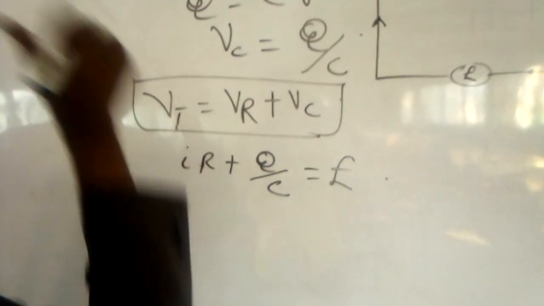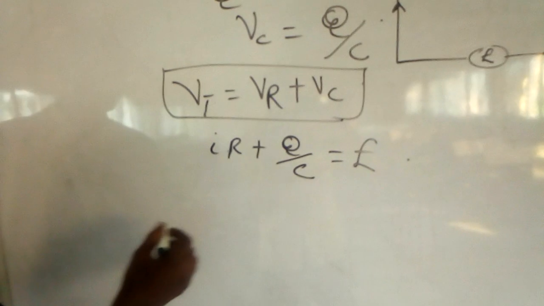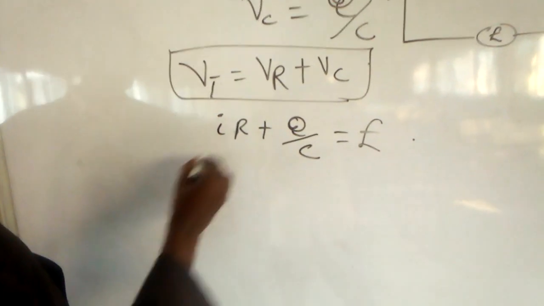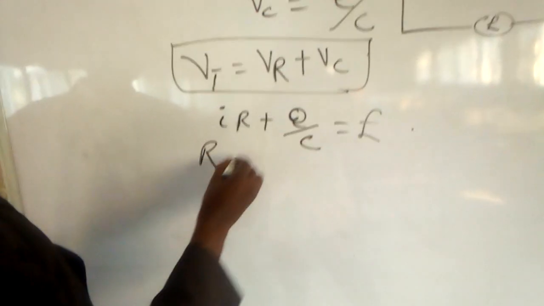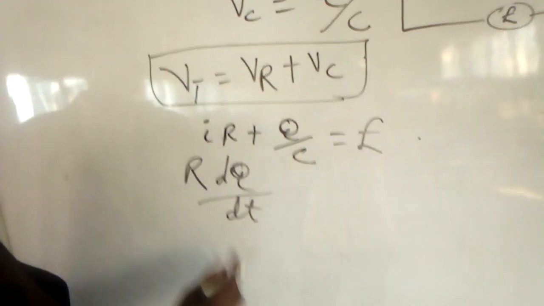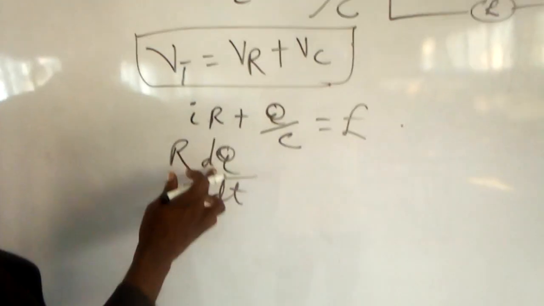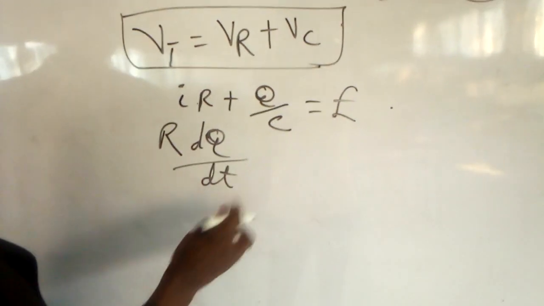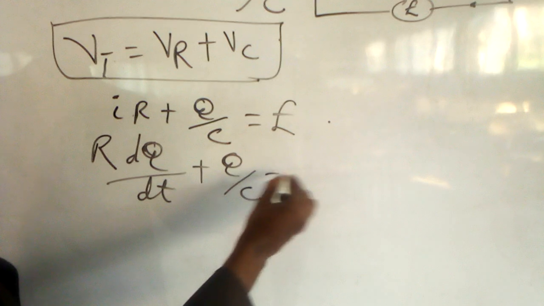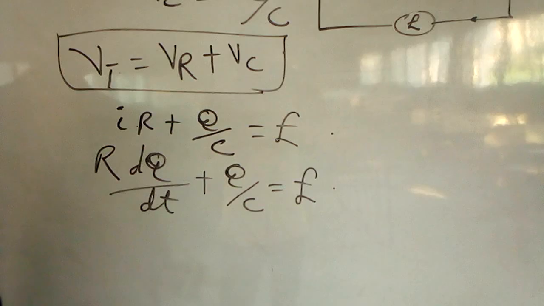Current itself is based on electrolysis and Faraday's relationship. This gives you resistance multiplied by dq/dt, an instantaneous relationship of the quantity of current flowing with respect to time, plus Q divided by C is equal to the electromotive force running the system.